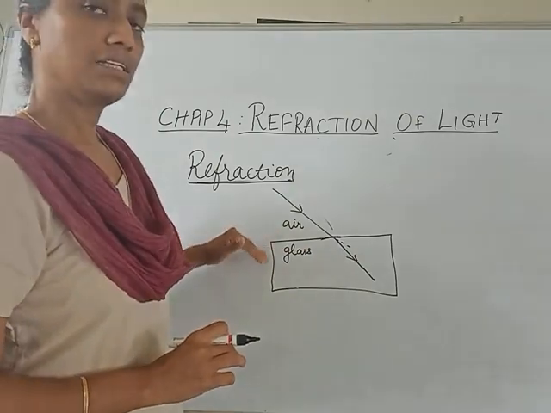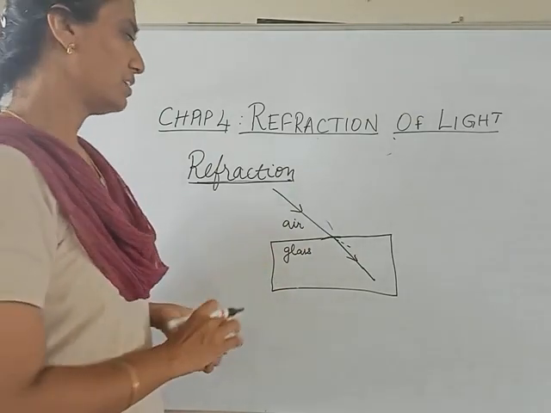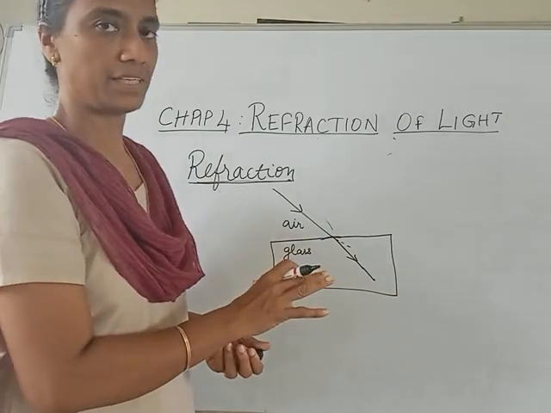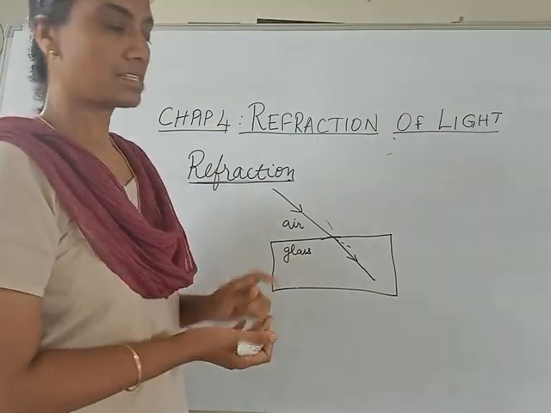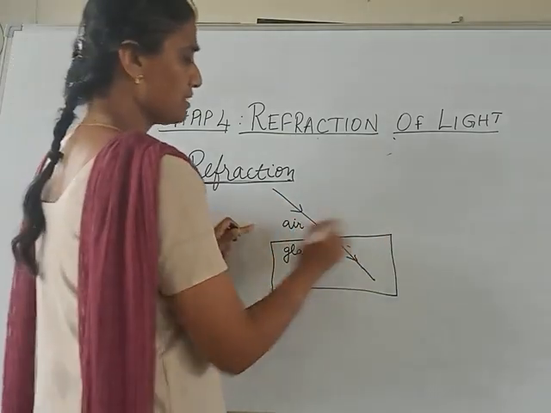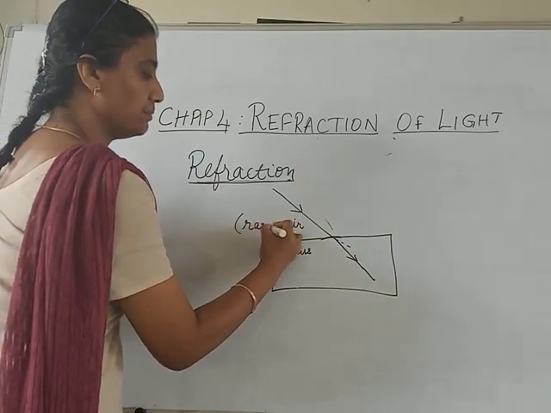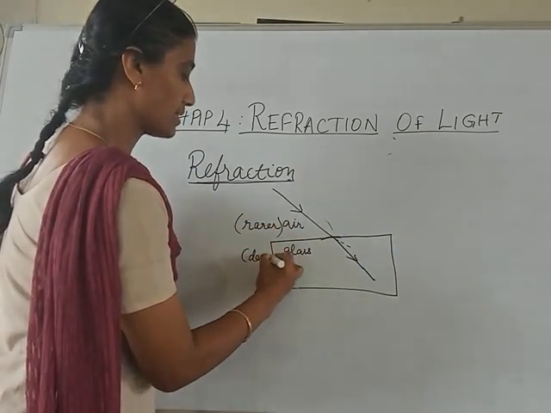Now the main thing, I said there should be a change in medium. Now what is so different about these two? They both are transparent, in the sense light can pass through them. But why is it taking a shorter path? To understand that, the simple thing you have to understand is air is a rarer medium. Glass is a denser medium.